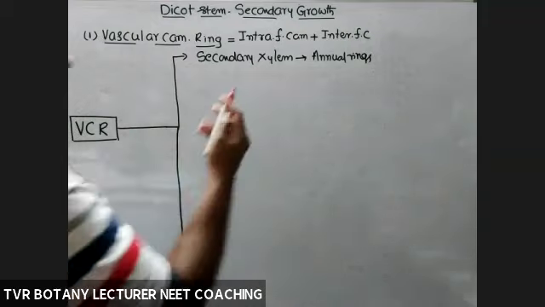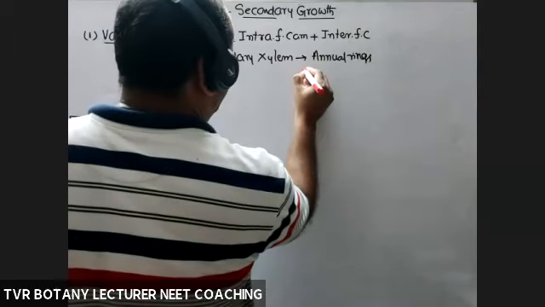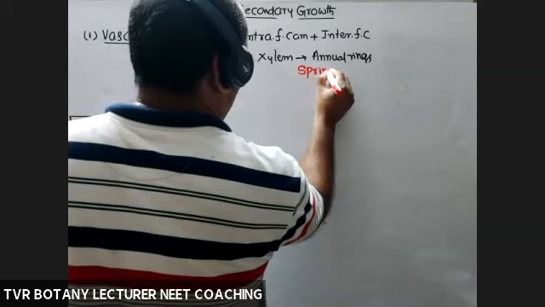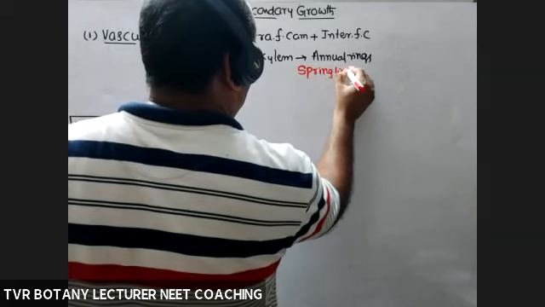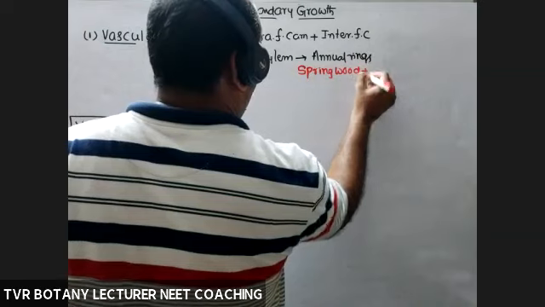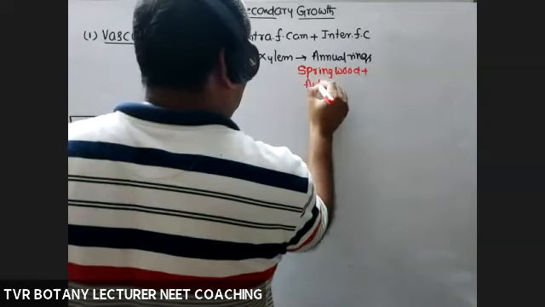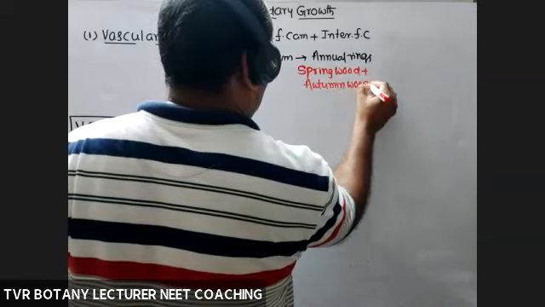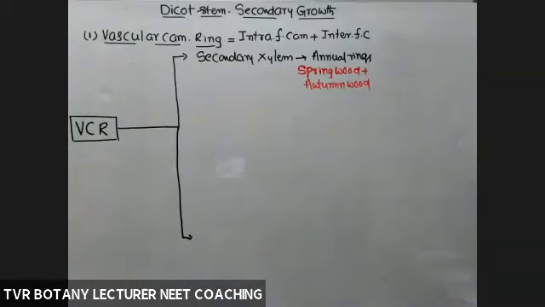Each annual ring has first formed spring wood plus autumn wood. These two collectively are called one annual ring. Like that, per annum, one annual ring is produced.